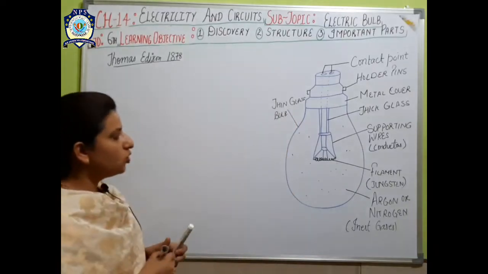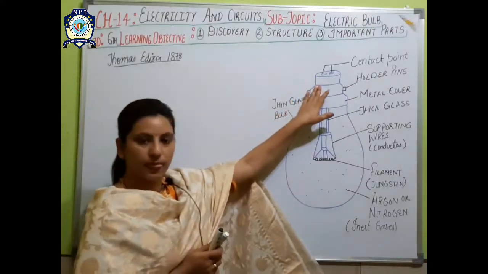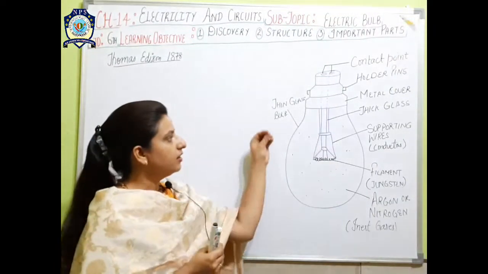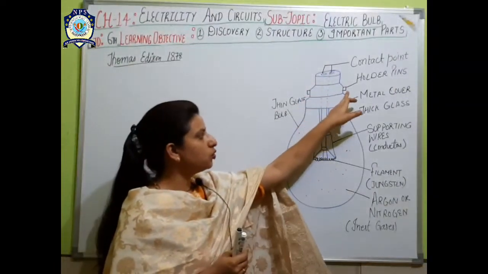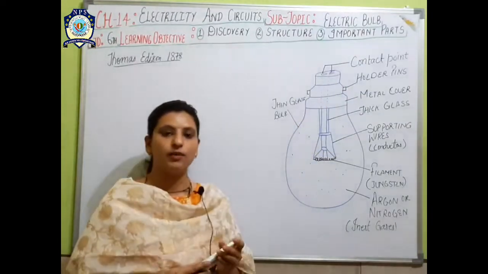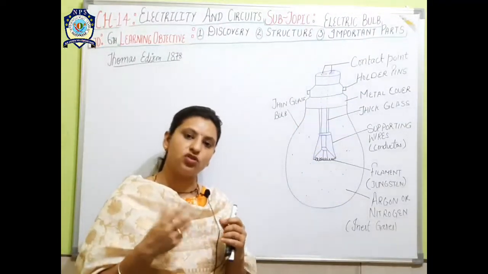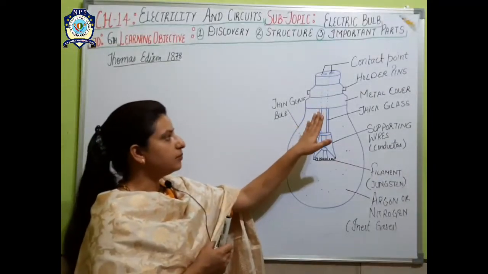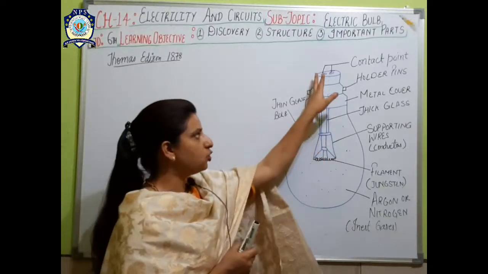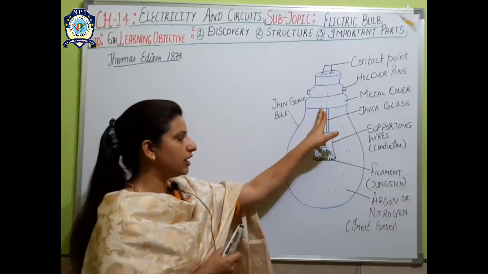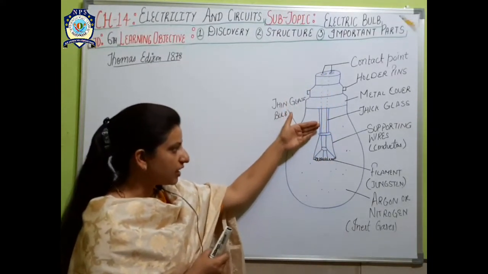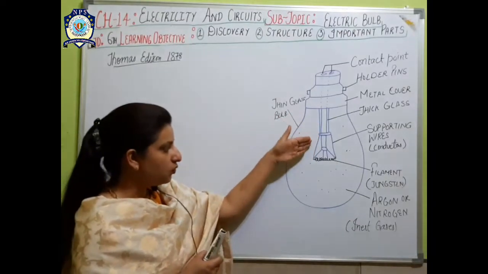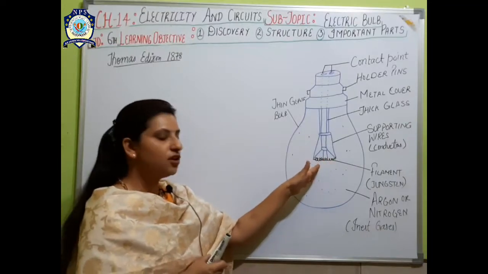The bulb has 2 contact points, and with the help of these 2 contact points the bulb is connected with the 2 terminals. On both sides there are holder pins, and with the help of these holders the bulb gets fitted into the socket and locked. Then it has a metal cover, and under the metal cover there are 2 extension wires which help in carrying the current from the thick glass to the supporting wires, and from the supporting wires the current starts flowing into the tungsten filament.